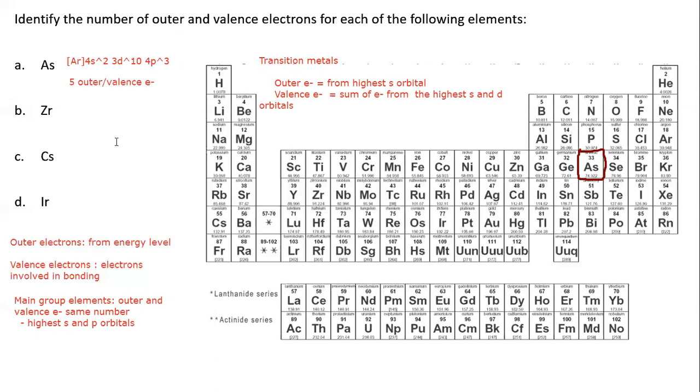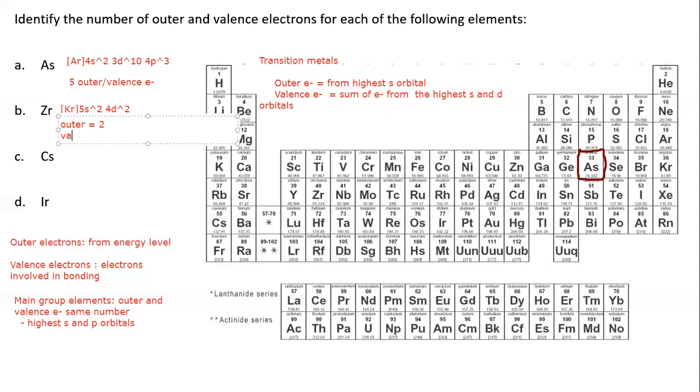Now with zirconium, if we write its electron configuration: krypton 5s2, 4d2. So the number of outer electrons would be 2.